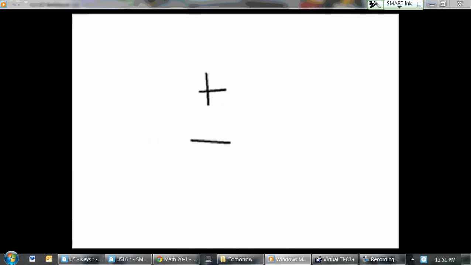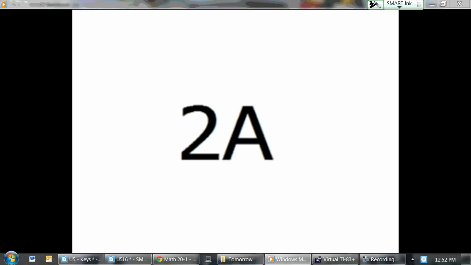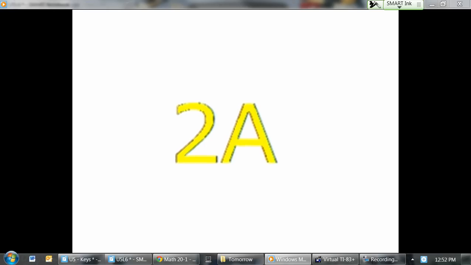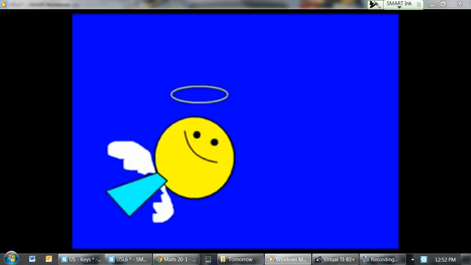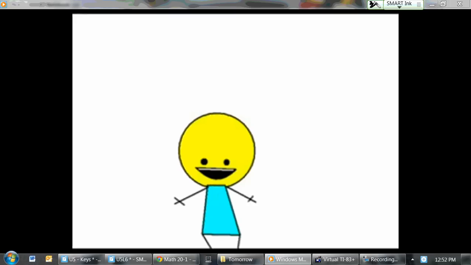And it's negative b plus or minus the square root of b squared minus 4ac over 2a, over 2a, over 2a. One more time. Quadratic formula, quadratic formula.